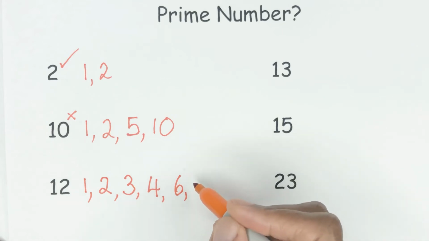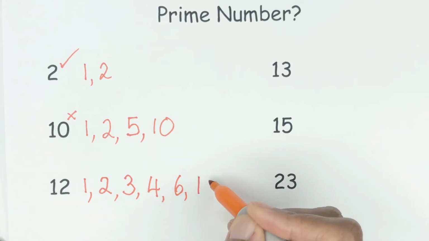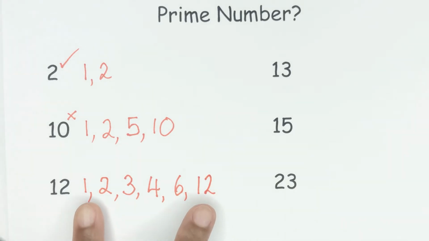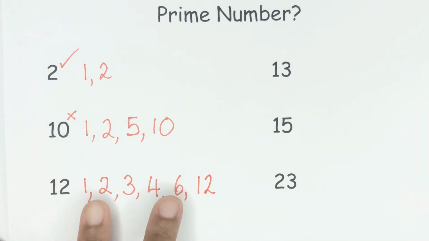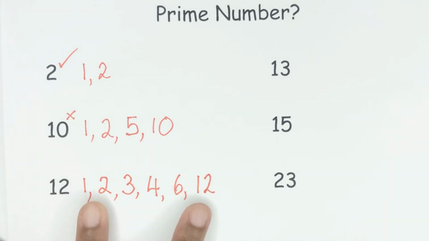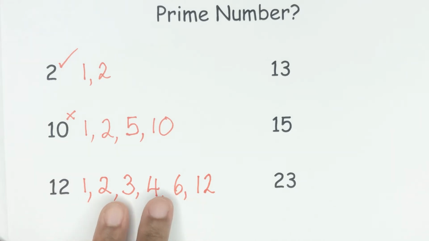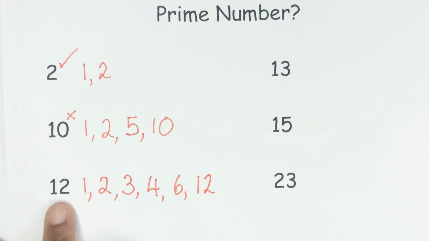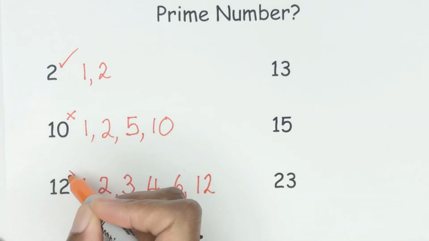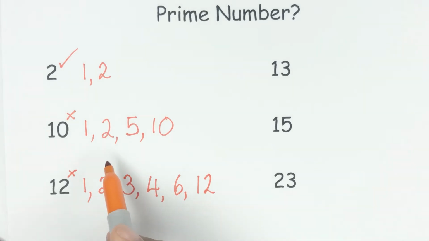So if you carry on, the only other number is itself, right? Which is 12. And if you look, you can see 1 times 12 is 12. 2 times 6 is 12. 3 times 4 is 12. Right? So that's a nice pattern there. They come from the outer in, and you can see all the factors that make 12. So 12 then is not a prime number because more than two factors make it.